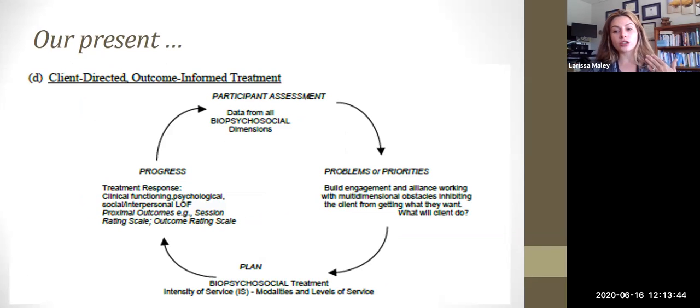Versus where we are trying to move to now as a treating community, which is a client-directed outcome-informed treatment model. That allows us to tailor the intervention to the needs of the individual.